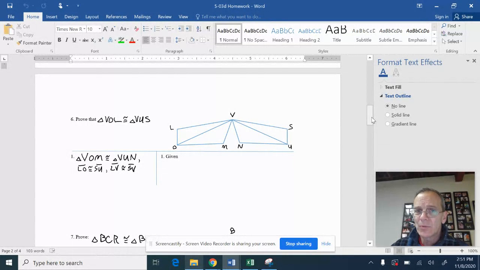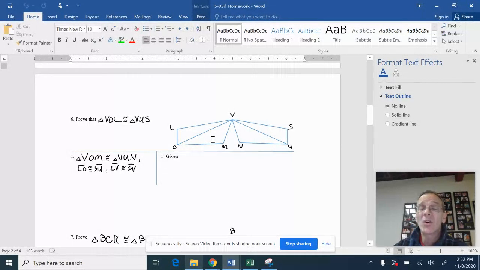Well, I do. Okay, but look, here's an example. Segment OV. That segment is part of triangle OLV and OMV. But do those triangles look like they are congruent to each other? You should be shaking your head. No. Those triangles, this one up here, OLV, and this one here, OMV, they don't look anywhere near congruent to each other.